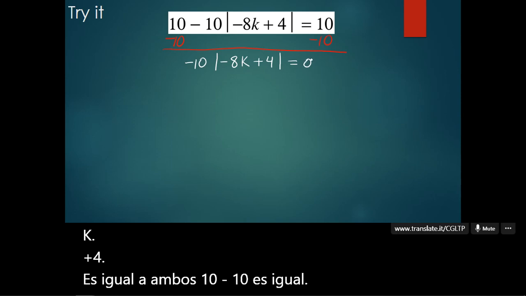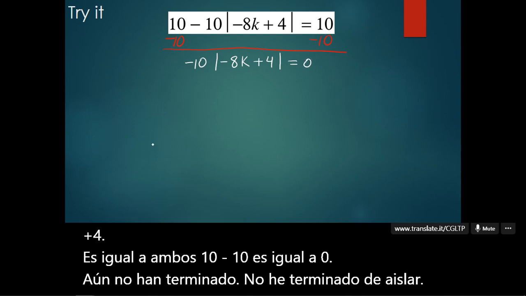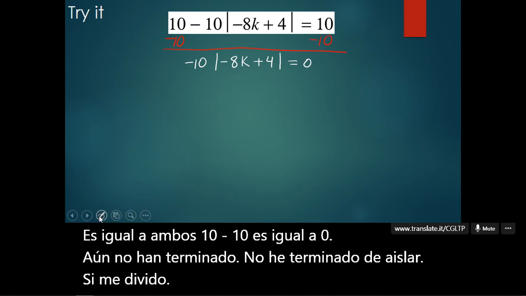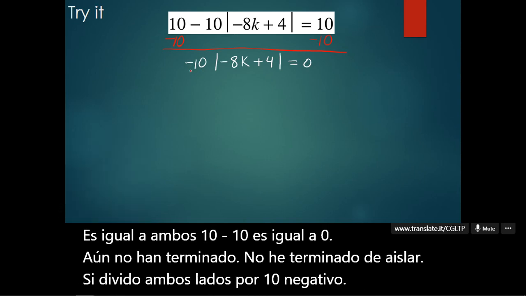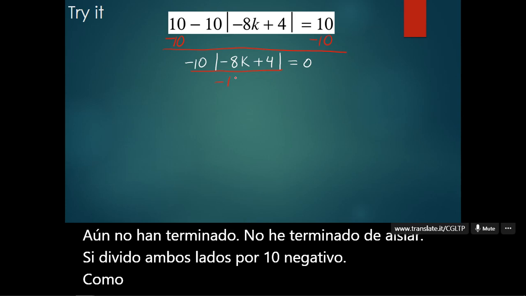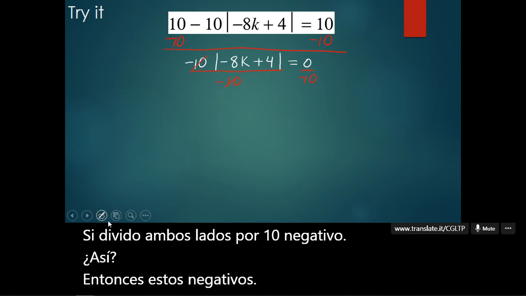Okay, I'm not done yet. I'm not done isolating. If I divide both sides by -10, like this, then these -10s are going to cancel out here.